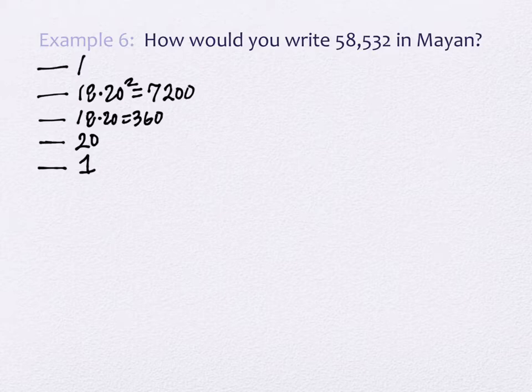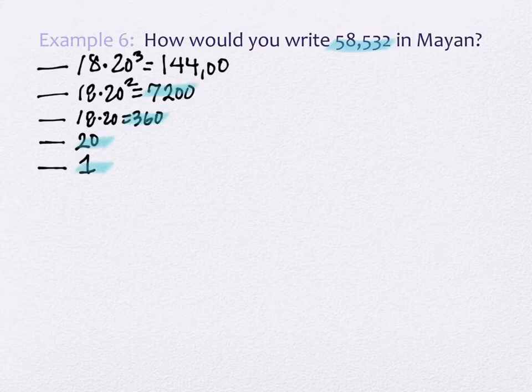We'll go one bigger. What is 18 times 20 cubed? Mm-hmm, 144,000. And I actually know that that's more than I need because my number is only 58,000. So we're going to look at dividing by every value smaller than the one that we actually have.